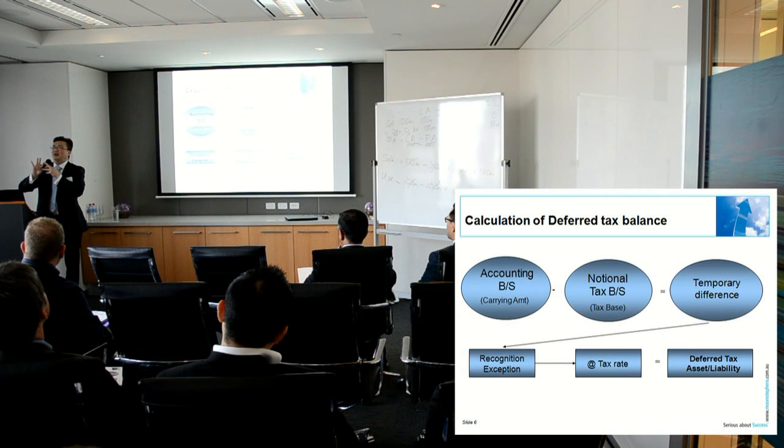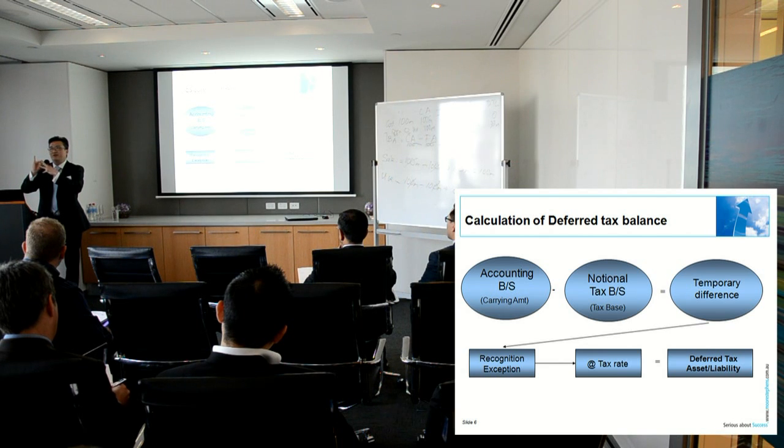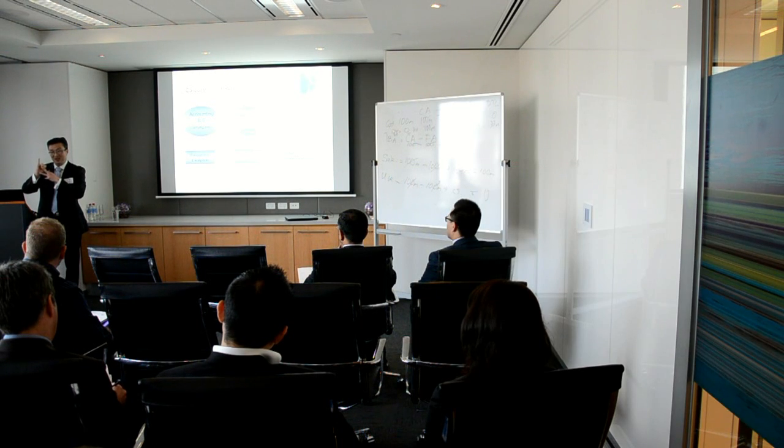One is an unrealized capital gain, or it could be an unrealized loss, capital or revenue loss. It could be a future deduction, or it could be a future accessible income. It has to be one of those four things.